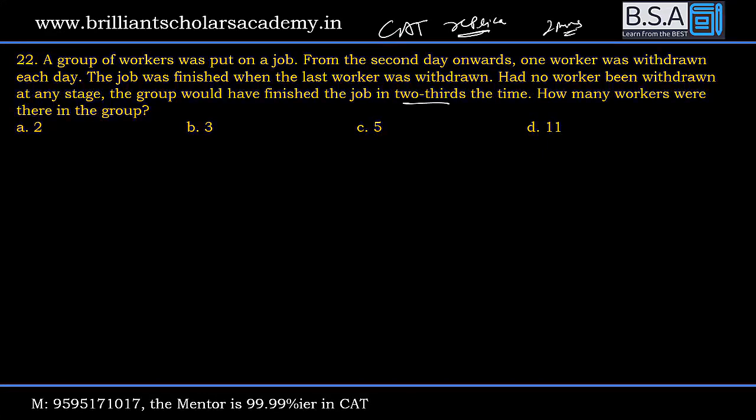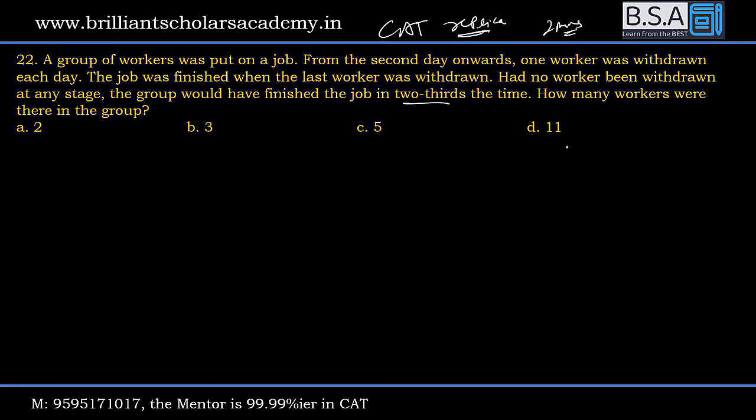Again, if you feel it is difficult for you to solve, look for patterns. Jugaad, think of it only when you find it difficult to solve. You are saying there are some number of men who start the work, and from second day one person is reduced, taken away, and when the last worker leaves, the work is done.